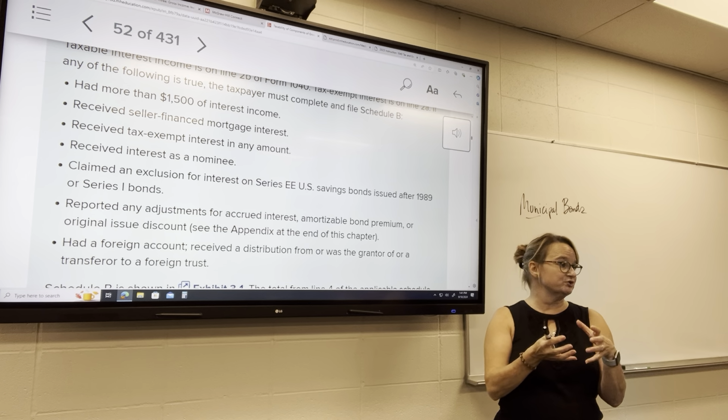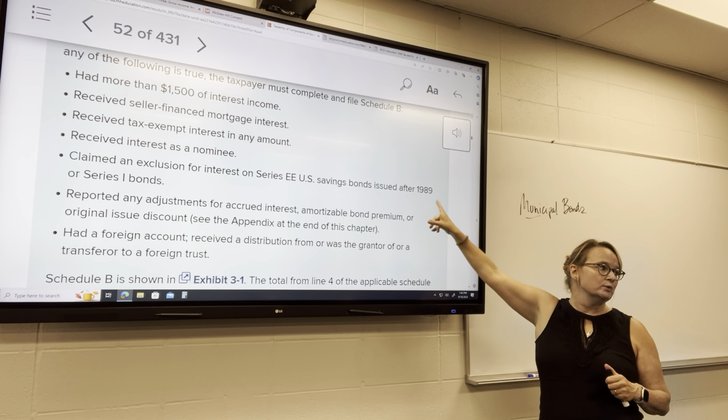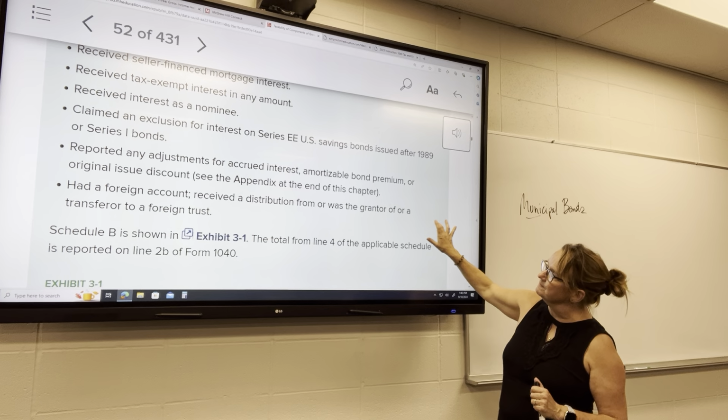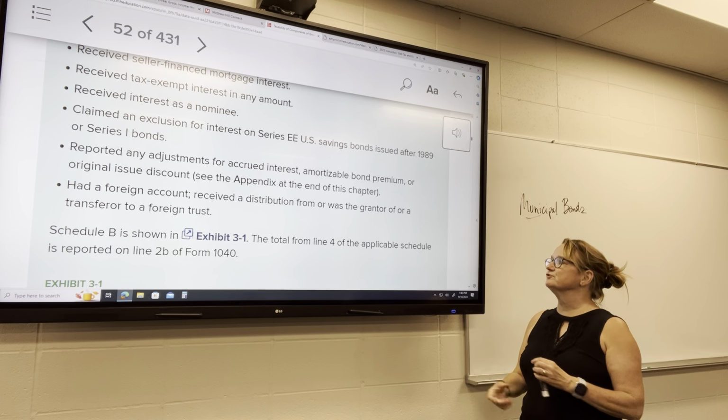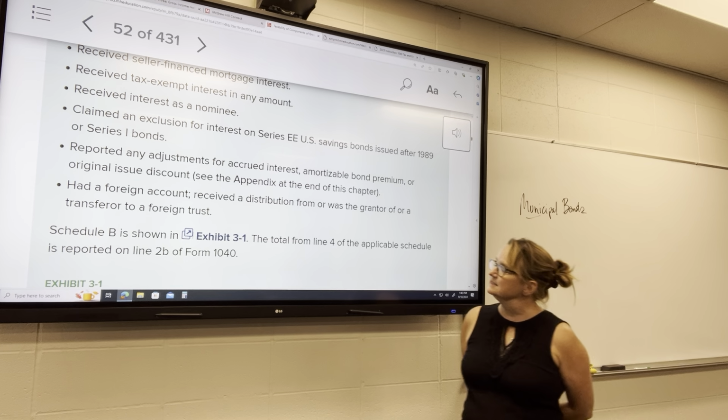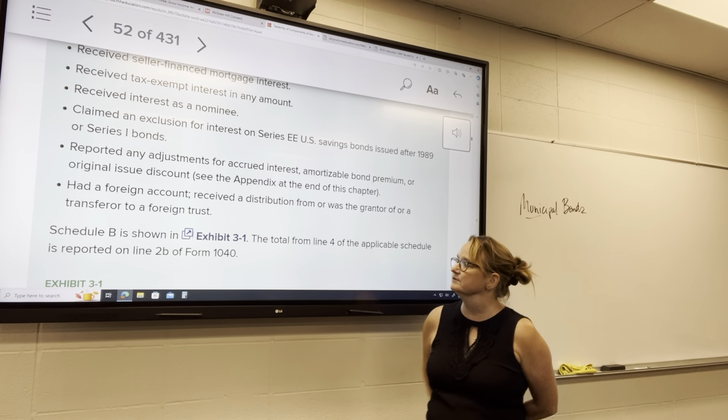If you claimed an exclusion for interest on Series EE savings bonds issued after 1989 or Series I bonds, this is for educational purposes, and we will talk about that a little bit in the appendix to this chapter. Any adjustments for accrued interest, amortizable bond premium, original issue discount, that again is part of the appendix.